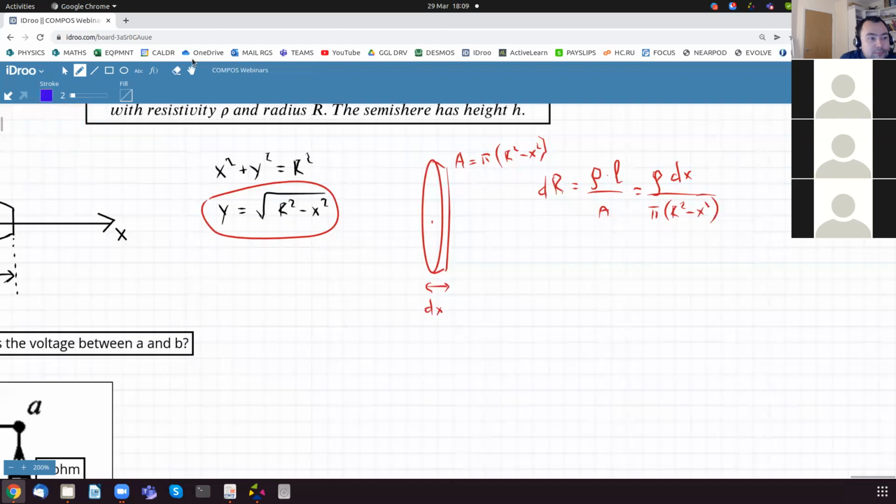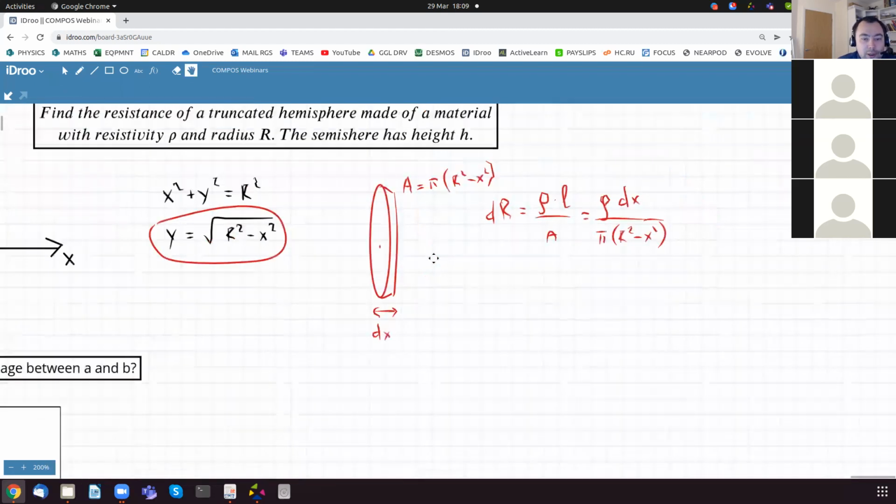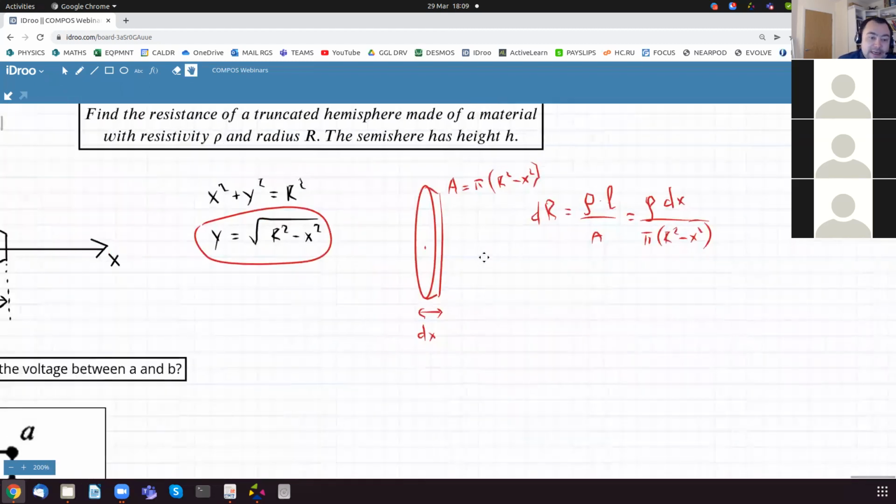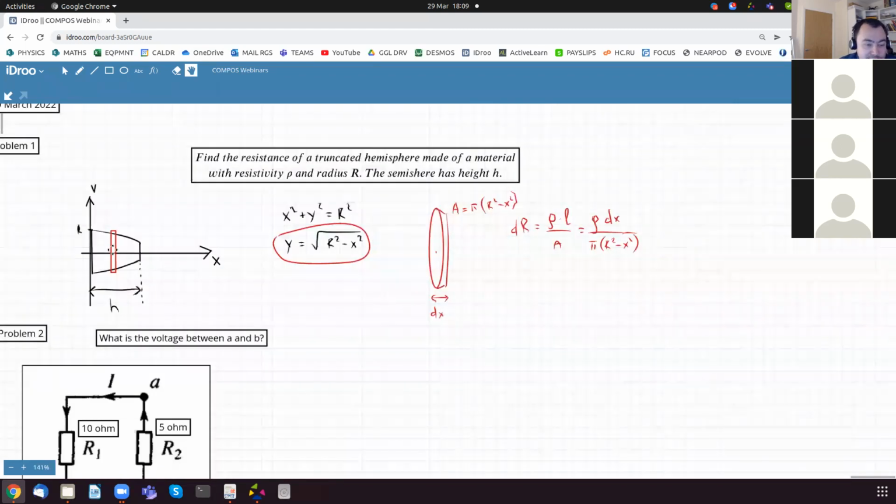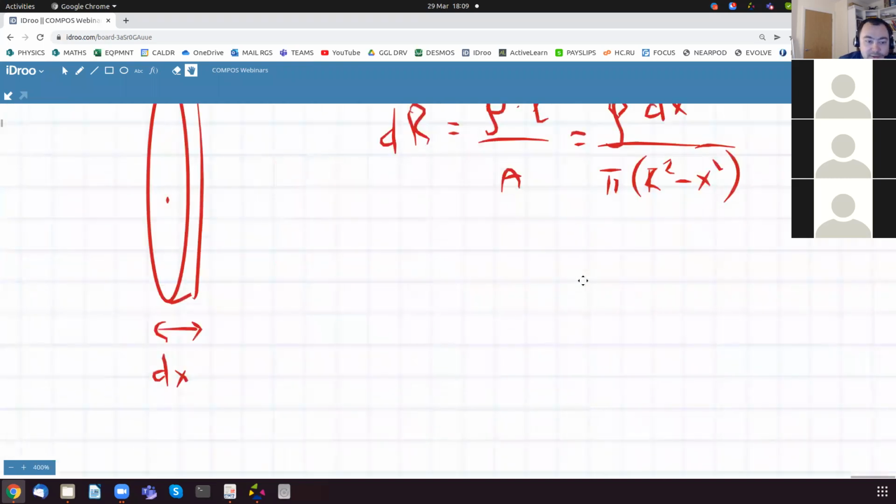Now, as you understand, if we cut it into pieces like this, they are all connected in series. So the total resistance, the resistance of the hemisphere, is the sum of all resistances dR. In other words, it's the integral.